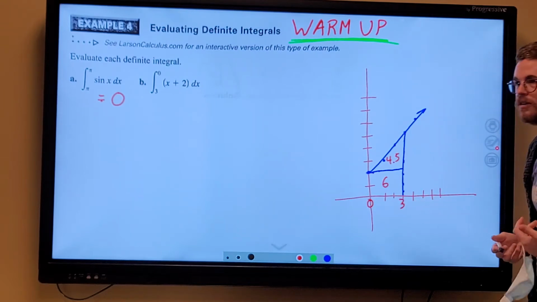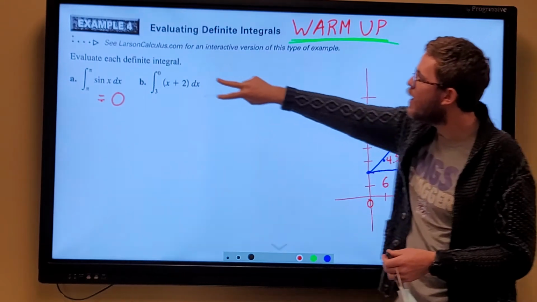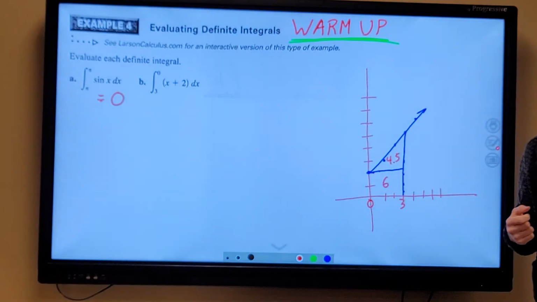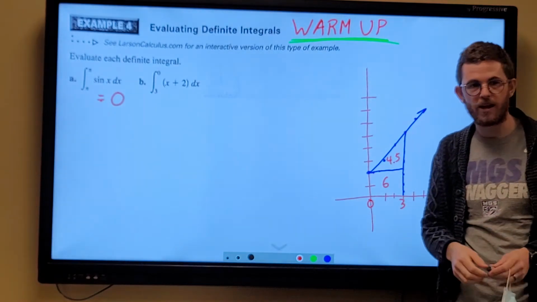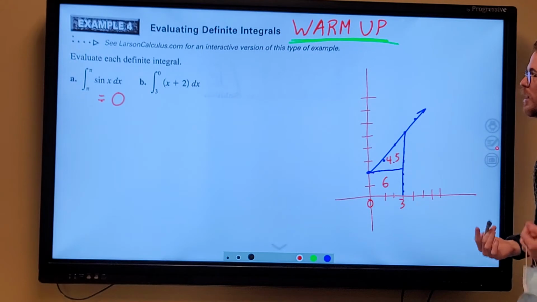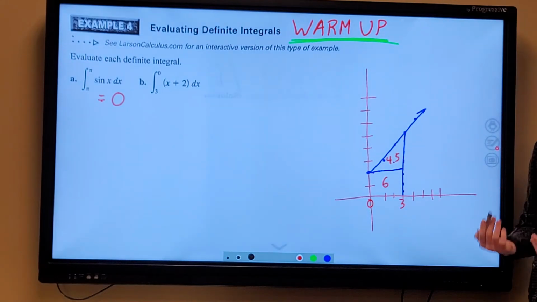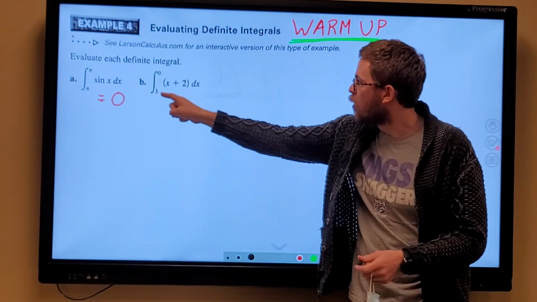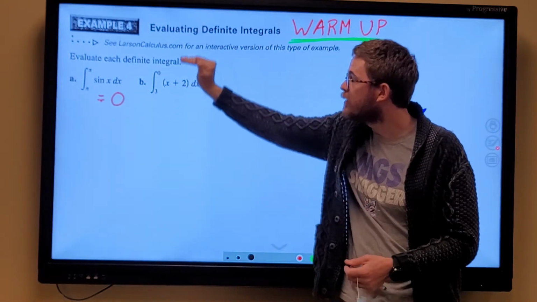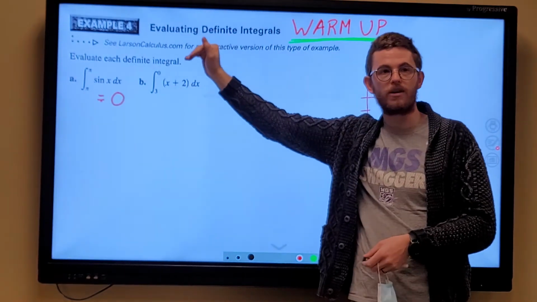But the trick to this one is that the bounds are in the opposite position than what we would expect. We talked about this super briefly at the very end of class yesterday, so if you don't quite remember it, then I understand. But we expect the bounds of our definite integral to go from A to B, from least to greatest.